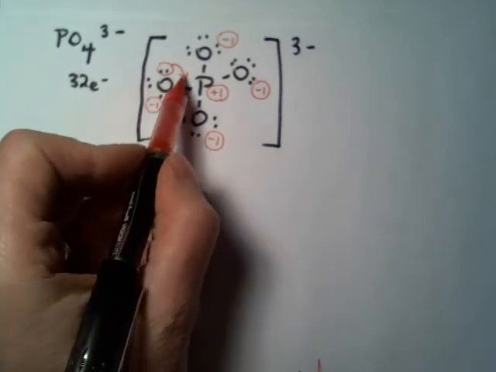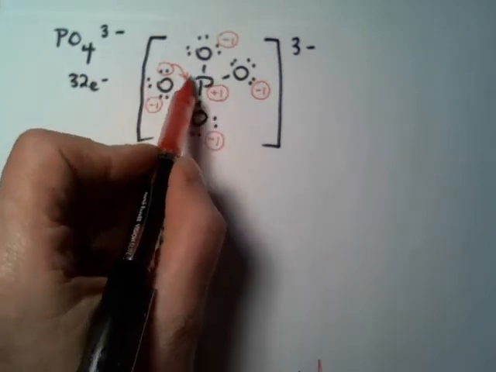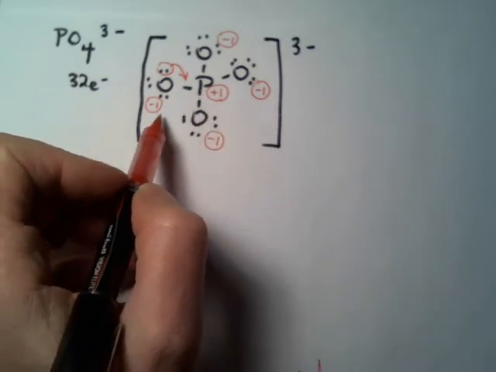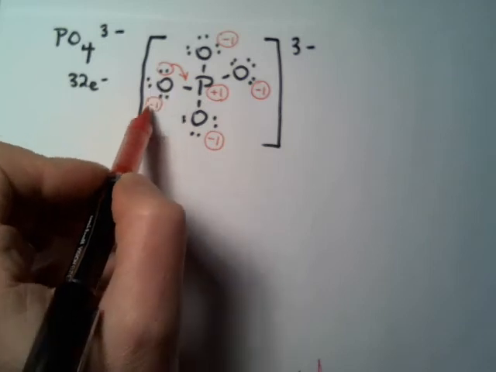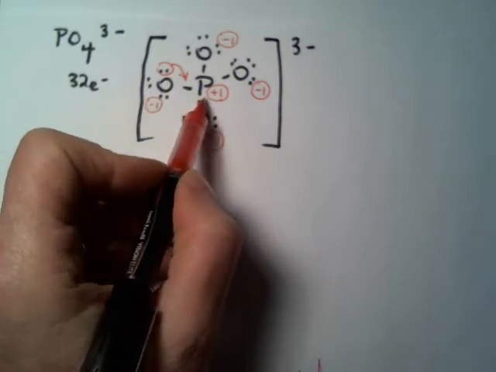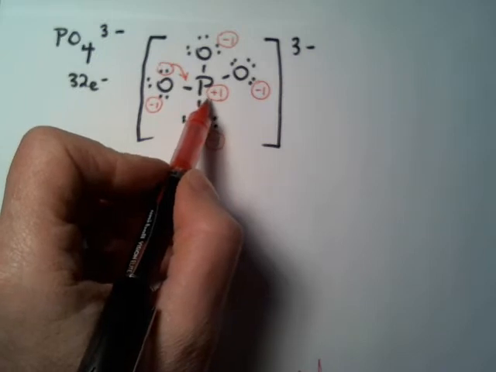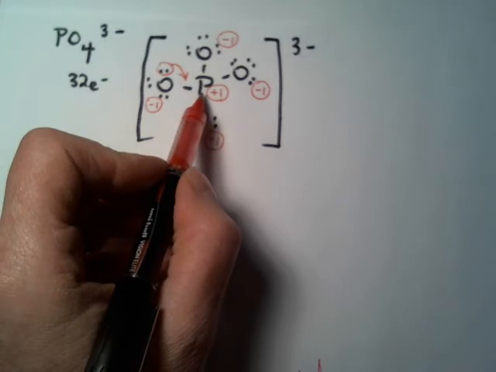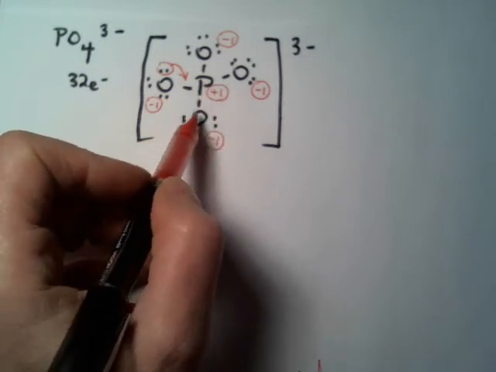So if I took this pair and put it here, that would make 10 electrons around phosphorus. And the effect of that on the formal charge would be to make the oxygen a 0. And this phosphorus would then be, if I did that, how would it change? The formal charge would then be 5 minus 1, 2, 3, 4, 5. It would actually make it 0.